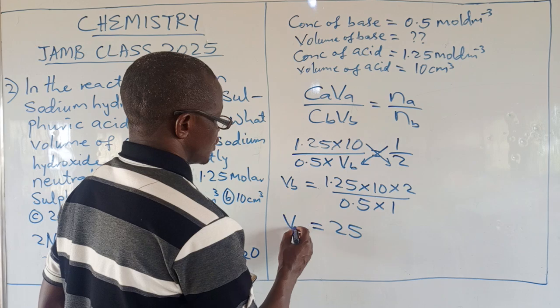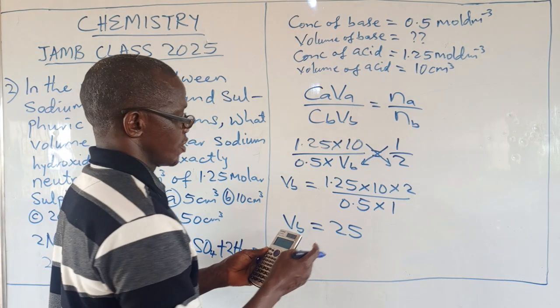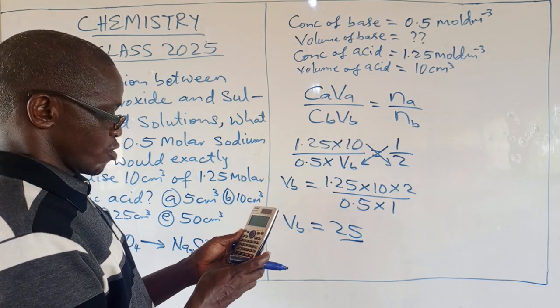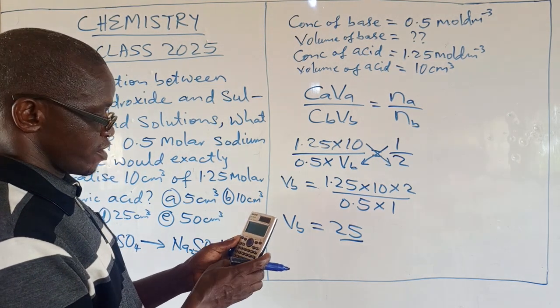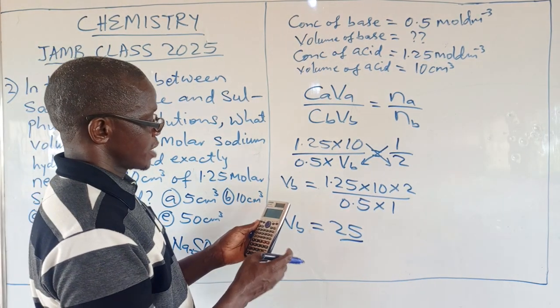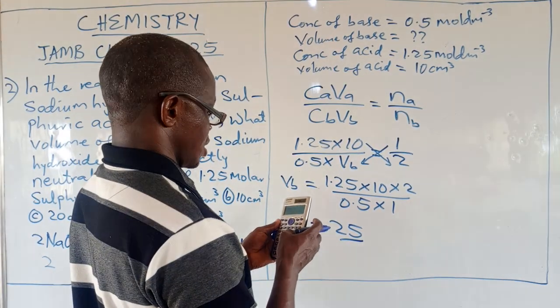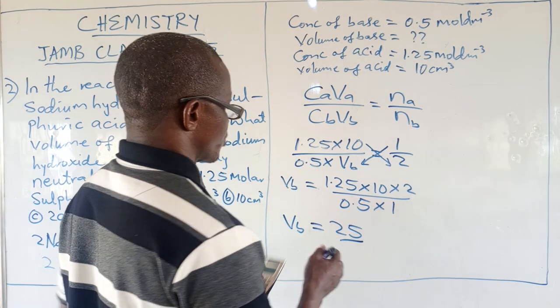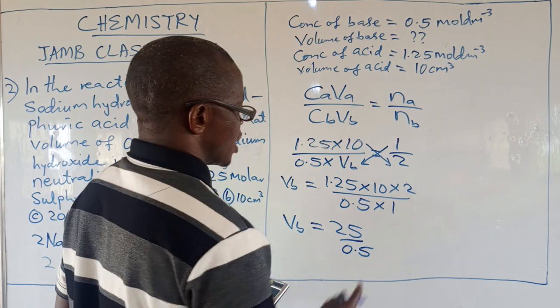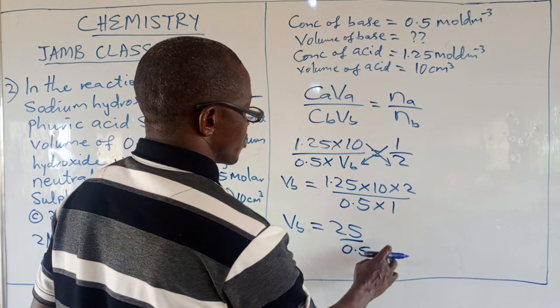This is Vb, 25 all over 0.5 times 1. That gives me 0.5. Any number you multiply by 1 gives you that number.